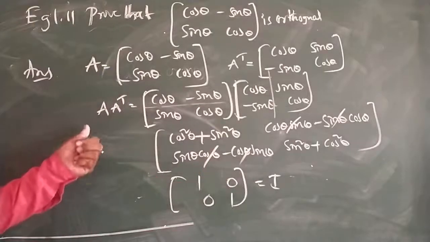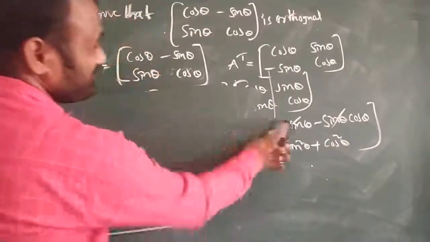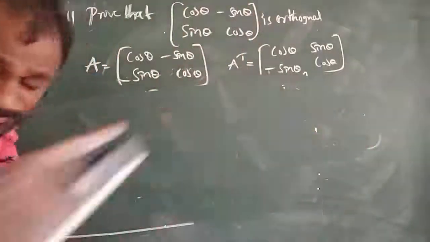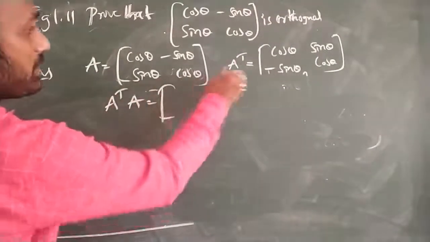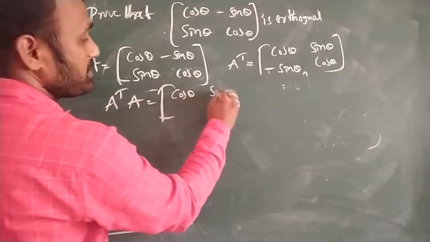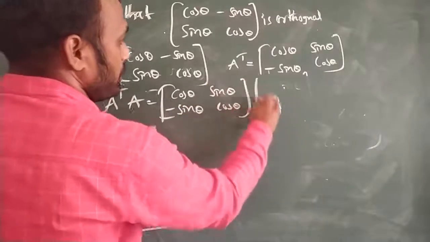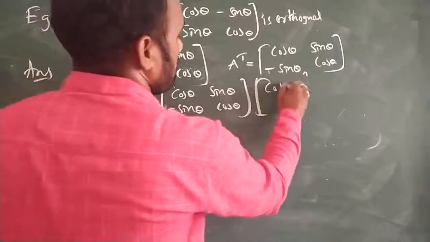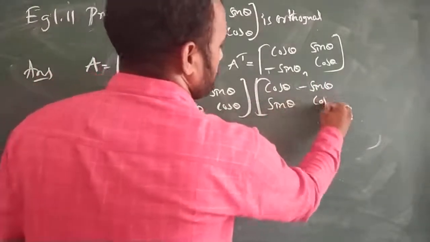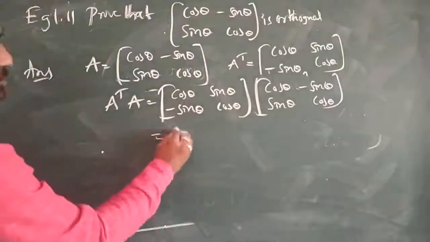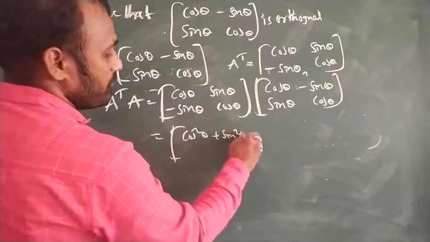Now I have to verify whether A transpose into A will also give I. Let me check A transpose into A. First let us write the A transpose matrix, that is cos theta, sin theta, minus sin theta, cos theta, into the A matrix cos theta, minus sin theta, cos theta. If I multiply these two matrices, first row and first column gives cos square theta plus sin square theta.